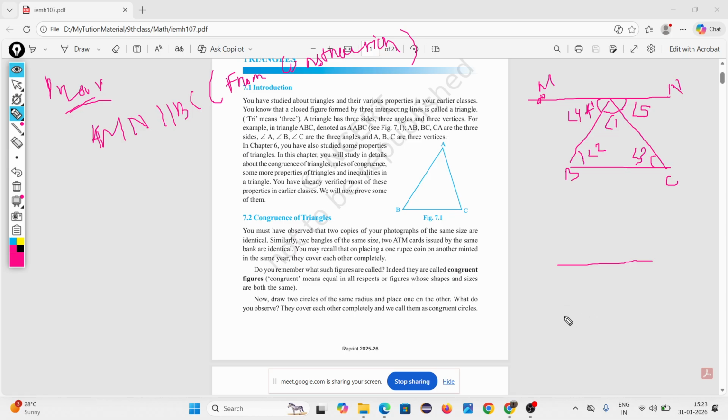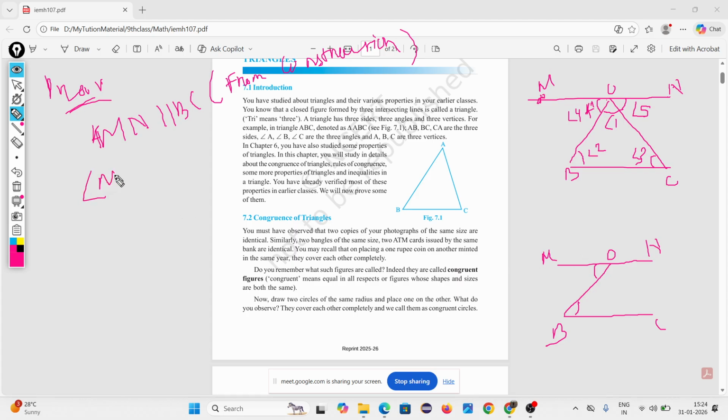MN and BC are parallel to each other. Suppose this point is O. BO is a transversal. So this angle and this angle are equal. Why?